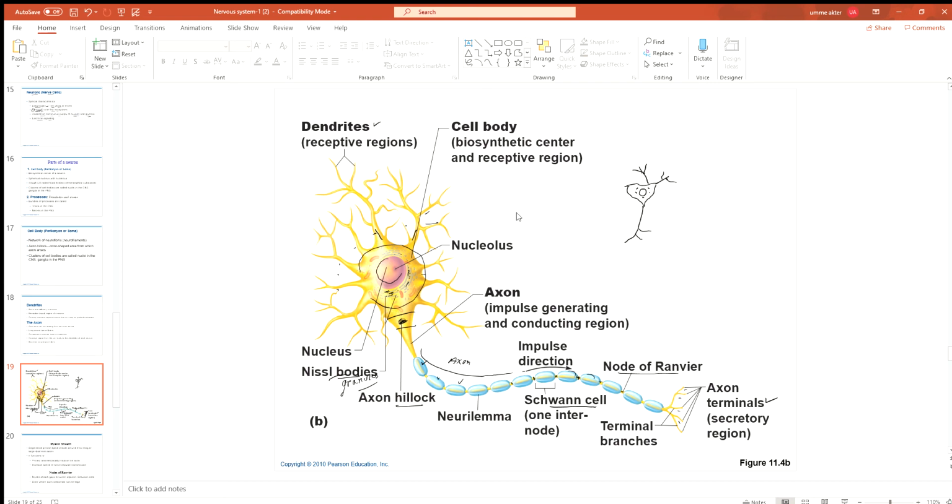Dendrites. So these are dendrites. Okay. So dendrites, a single axon, axon terminals.